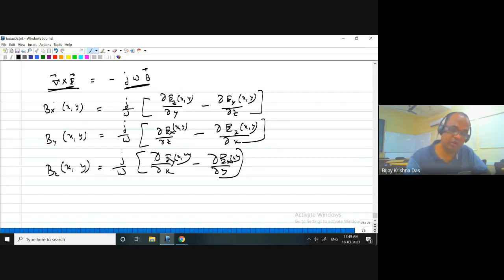So normally whenever you are taking the derivative with respect to z, it will give minus j beta. So that you should keep. Here also, whenever you are making a partial derivative with z, minus j beta, same thing.